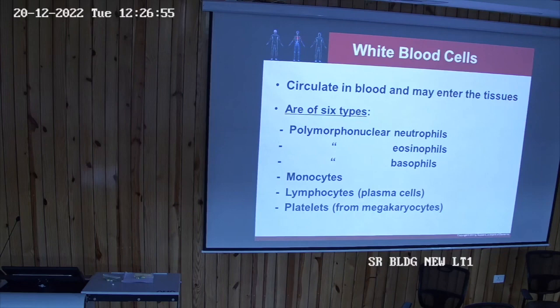Next comes our eosinophil and basophil. Their appearance is quite different. Eosinophil loves eosin stain, so the granules will be brick red in appearance and they will be coarse granules. The prominent feature of eosinophil is the presence of coarse brick red granules, and the nucleus will be spectacle shaped.